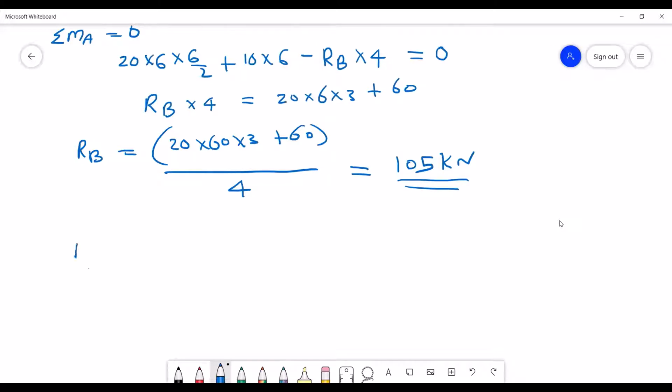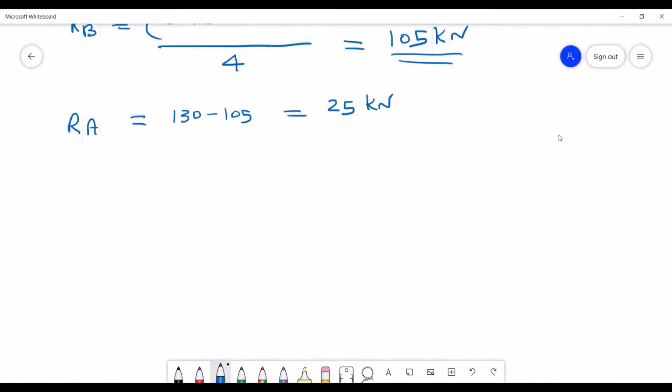Then we will find RA by substituting the value of 105 in the first equation, RA plus RB. So we get 130 minus 105 is equal to 25 kilonewton. So RA is 25 kilonewton and RB is 105 kilonewton.